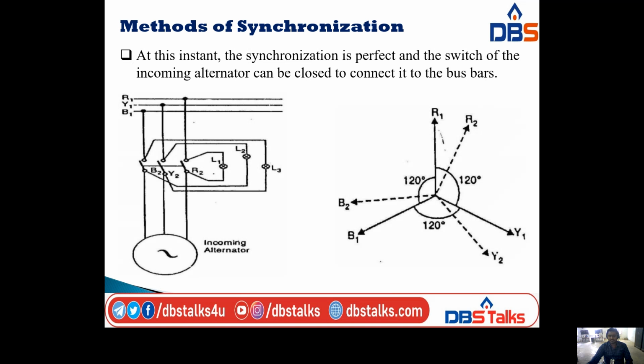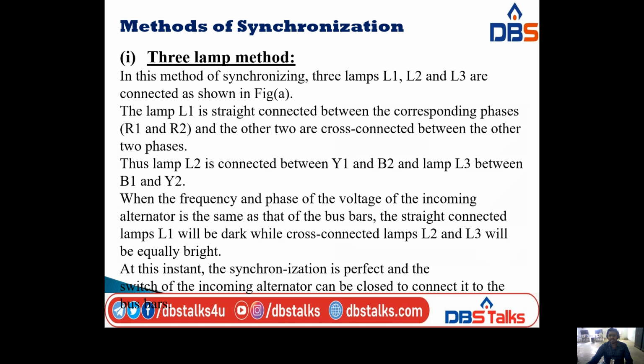This is the infinite bus bar, R1, Y1, B1. Here the lamp L1 is connected straight across the terminals R1 and R2. The other two, L2 and L3, are cross connected between the other two phases.